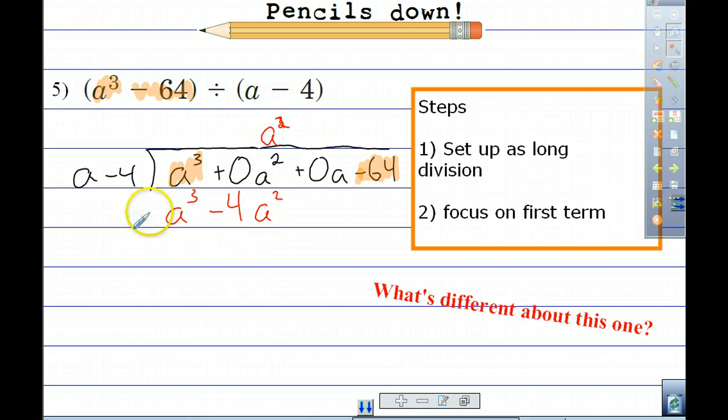Switch both sides. Negative, positive. Negative. 0 plus 4. 4 a squared. Down to 0 a. And repeat.